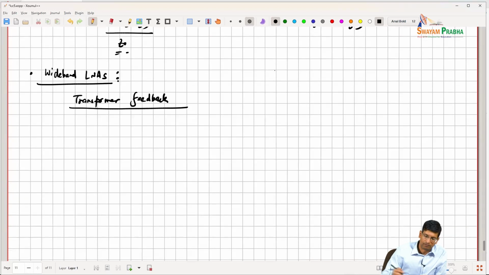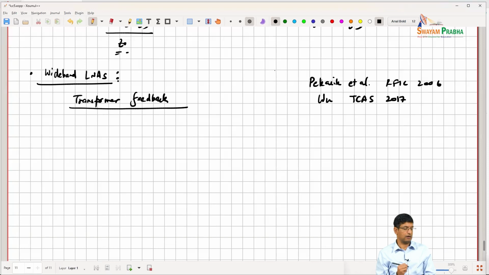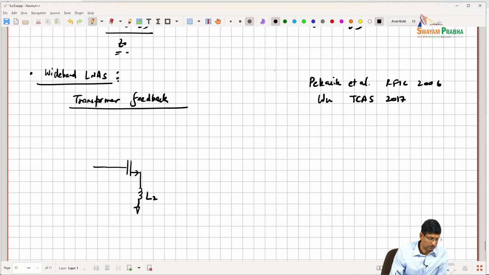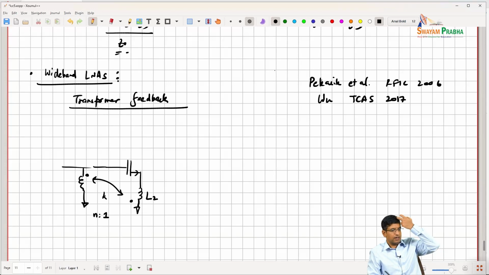So there are papers by... where the general building block is that I have this transistor, I place an inductance in the source, and then I have a gate inductance, and I couple them through some K, and let's say that this is an n:1 transformer.